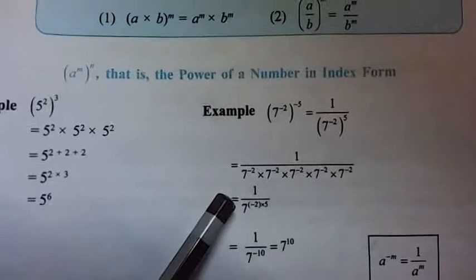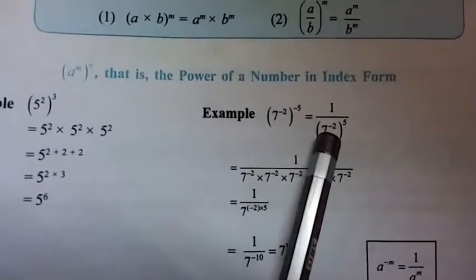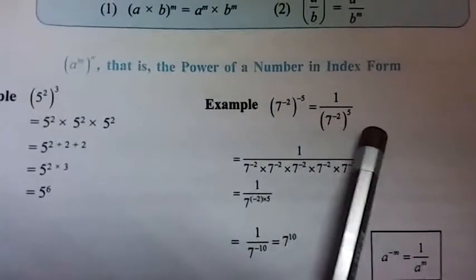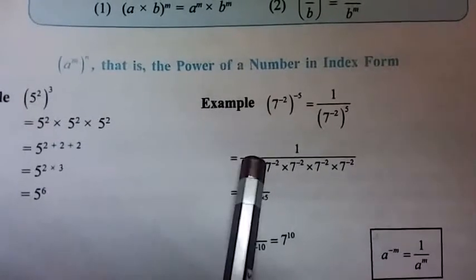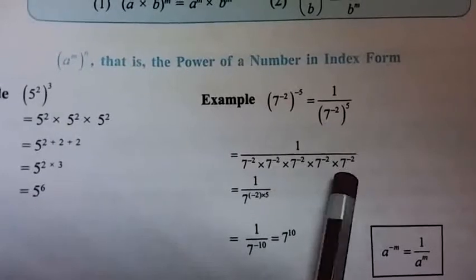Means 1 upon, now see, 7 raised to minus 2. How many times do we write down this term? 5 times. Why 5 times? Because the index is 5. 7 raised to minus 2 is written 5 times.